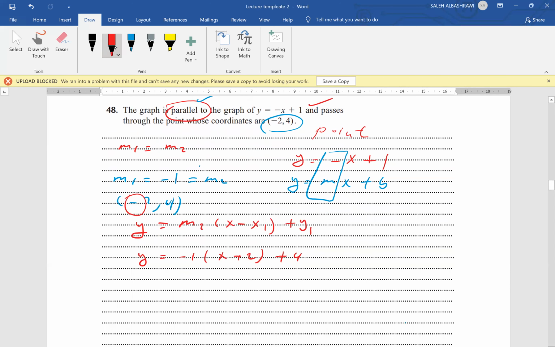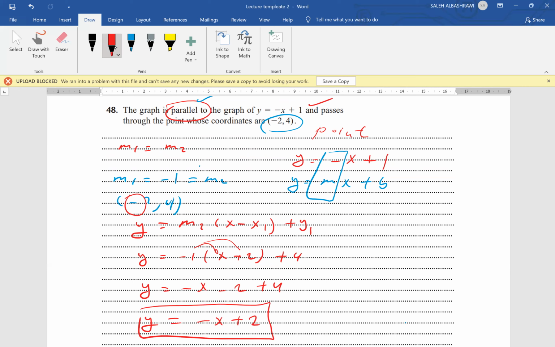Just open the bracket: -1 times x is -x, -1 times 2 is -2, plus 4. So the equation is y equals -x plus 2.